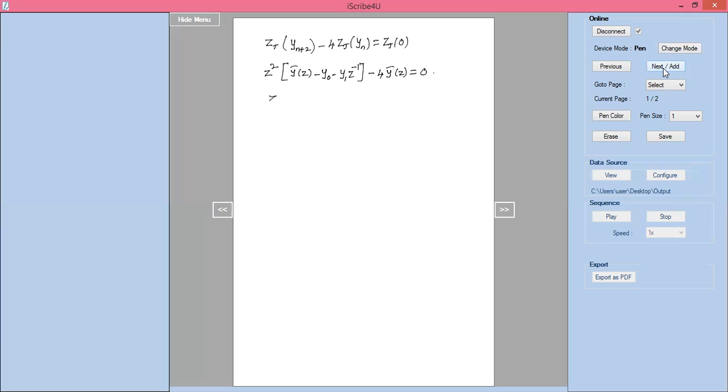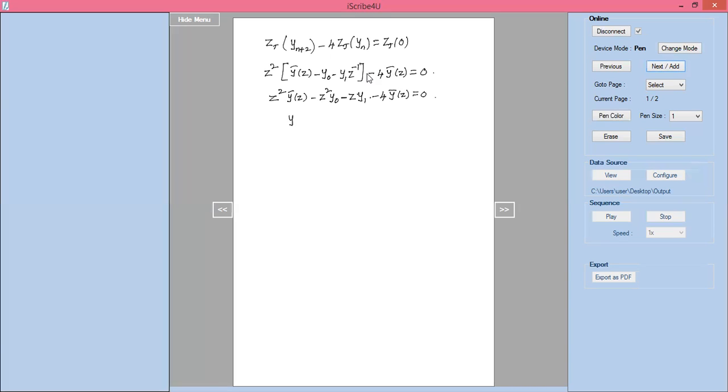Now I'll multiply: Z square into y bar of Z minus Z square into y naught, minus Z square into Z power minus 1, which is Z, into y1, minus 4 into y bar of Z equals 0.